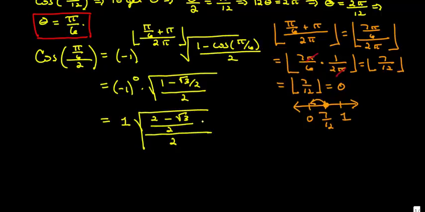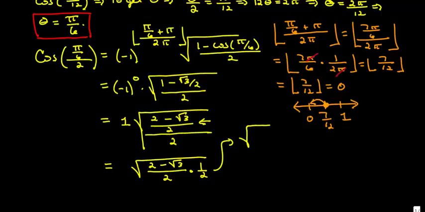I got a common denominator in the numerator, and I'm not going to write that 1 anymore because we don't need it. So this is 2 minus square root of 3 over 2 divided by 2, which is like multiplying by a half. That gives me the square root of 2 minus square root of 3 over 4. So let's check that.